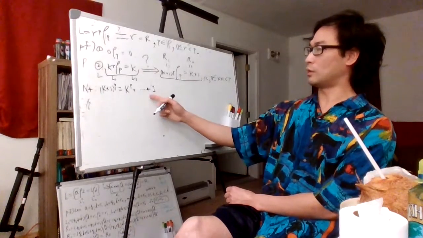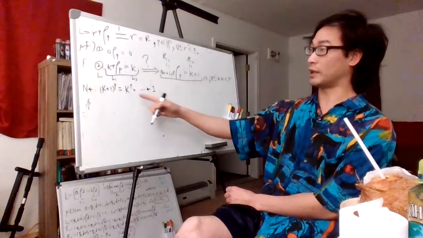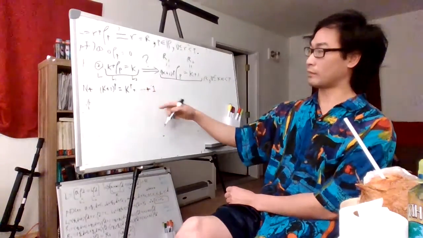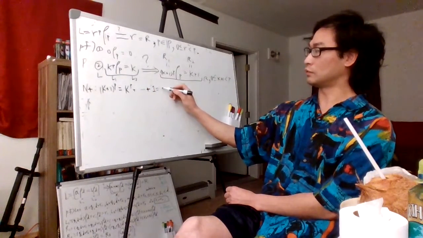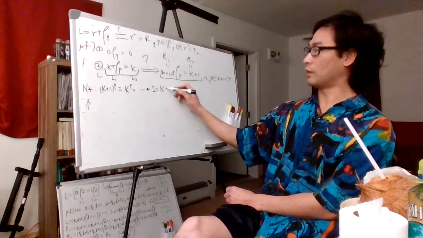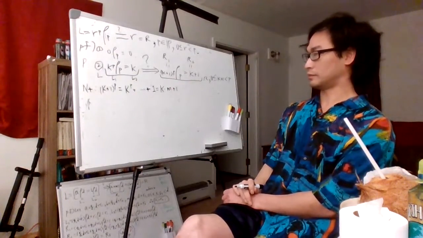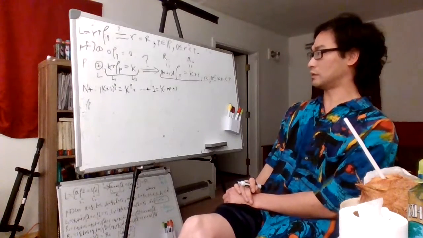And all the terms except the very last one contain k to the pth or k to some power. Okay? So this is equal to a k times some number m plus 1. Binomial expansion.